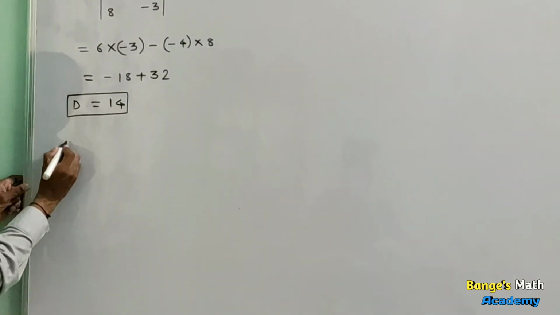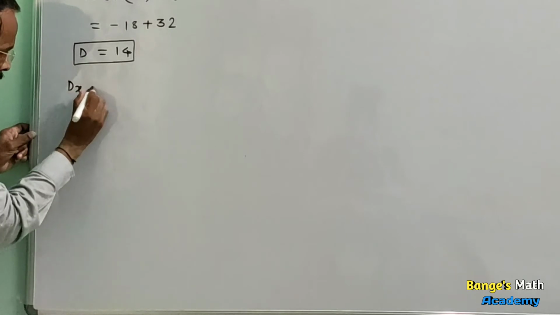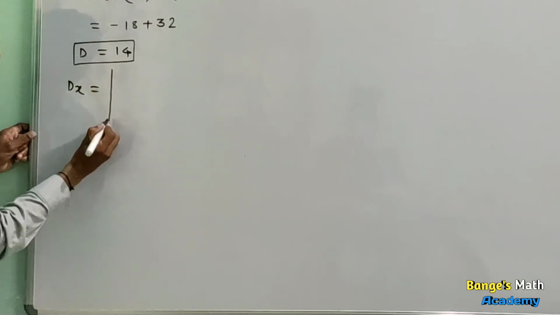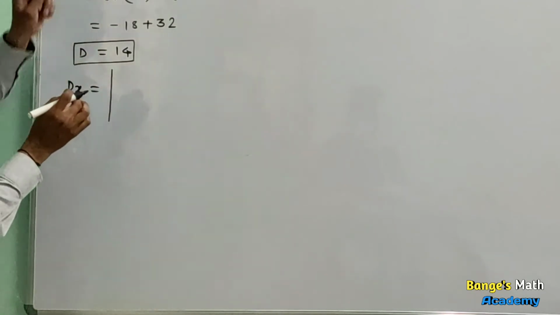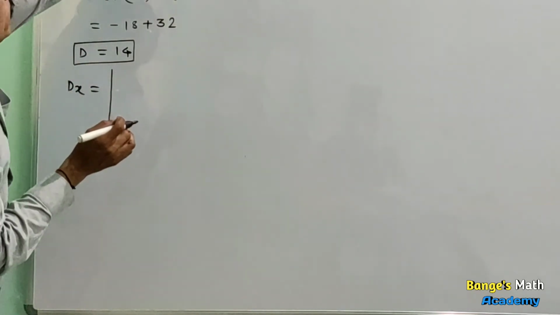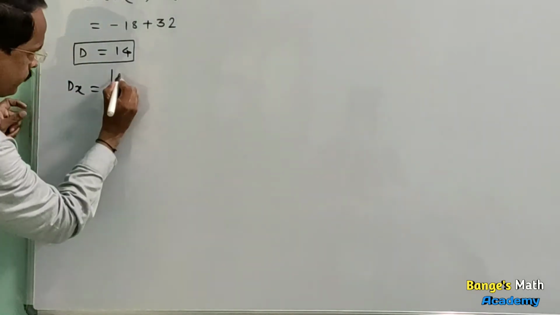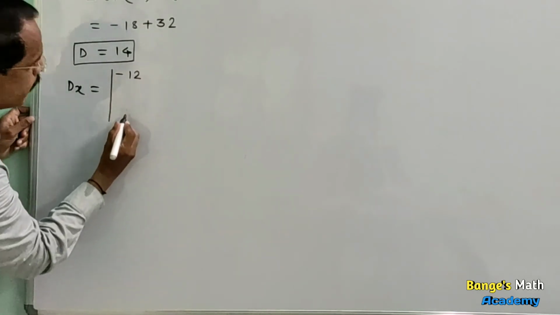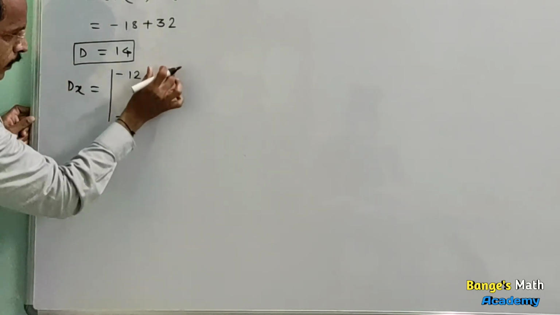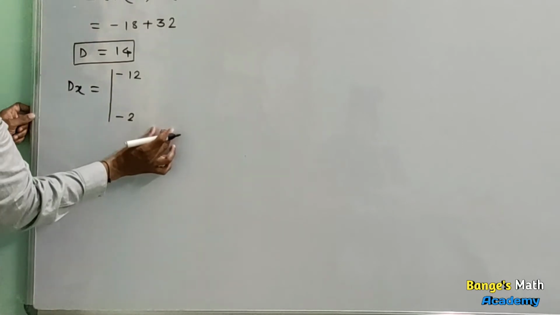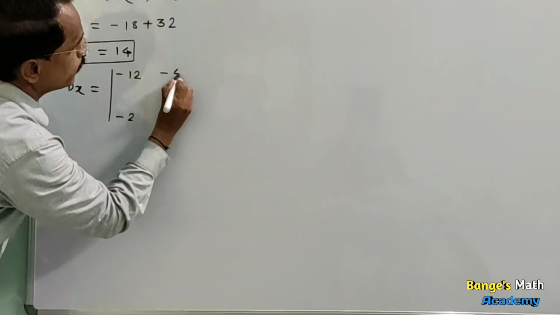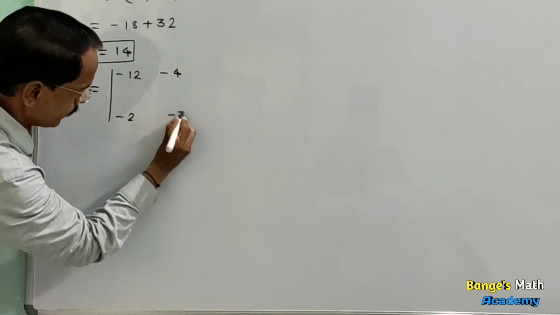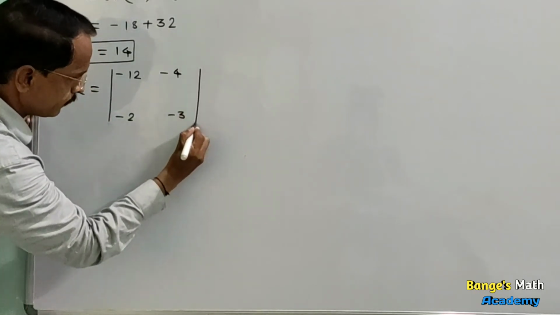Then find dx. dx is equal to, in the first column, hide the coefficients of x and replace them by the constant terms minus 12 and minus 2. In the second column, write down the coefficients of y as they are, minus 4 and minus 3.